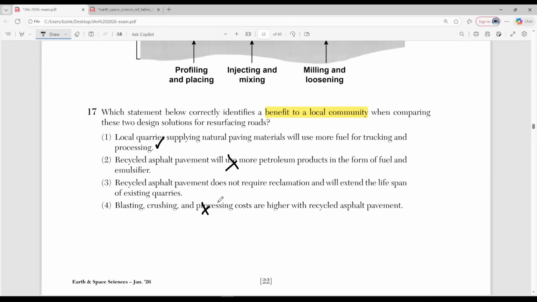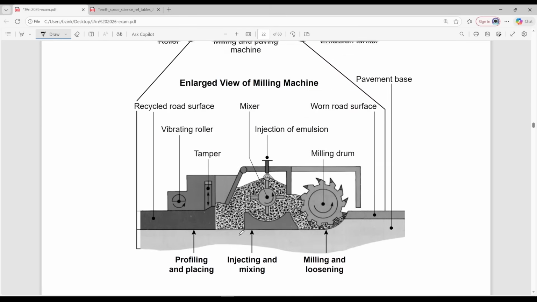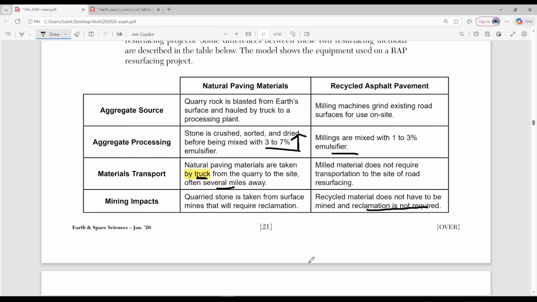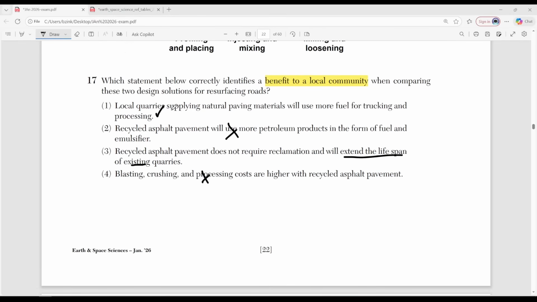So now I'm down between 1 and 3. Local quarries supplying the paving materials will use more fuel for trucking and processing. Recycled pavement doesn't require reclamation and will extend the lifespan of existing quarries. I'm going to say, based on the fact that I don't see that, local quarries will use more.